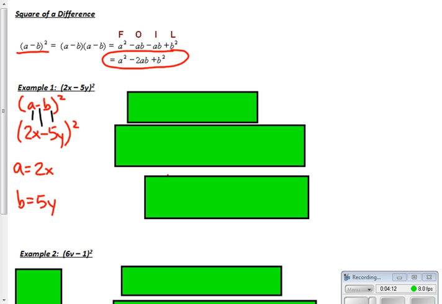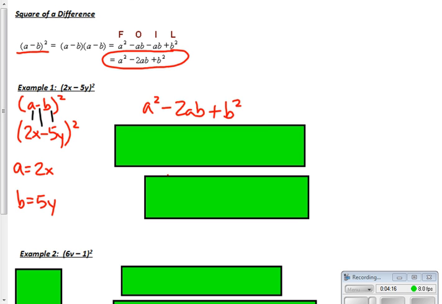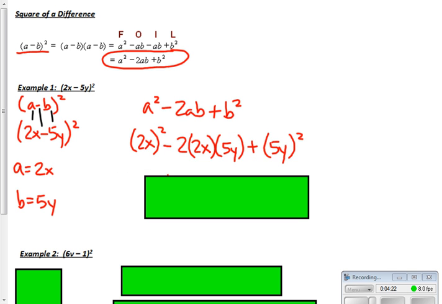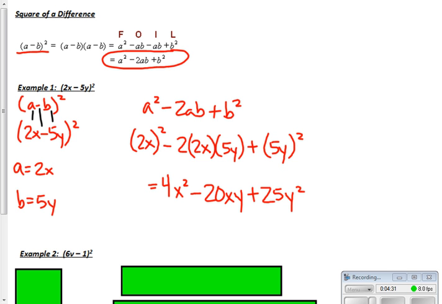A is 2x, b is 5y. We're going to use that simplified equation for us already. Use your substitution, then multiply things out, and you would wind up with 4x squared minus 20xy plus 25y squared.